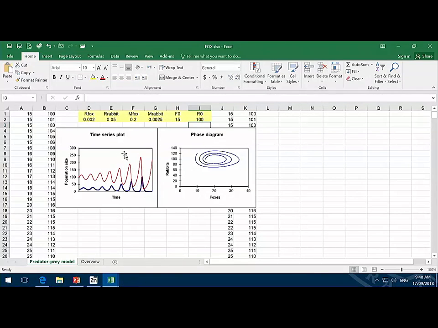But does this look like a realistic plot of how the rabbit and fox populations go? Anyone? Looks realistic? So it's realistic in the sense that if we believe our equations, it certainly fits our equations.